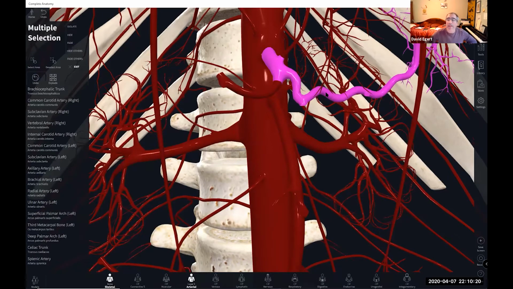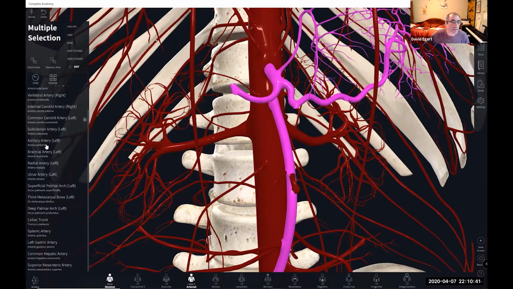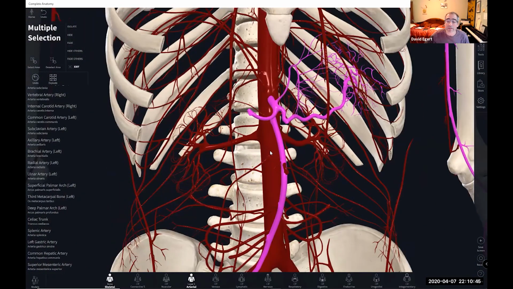There we have the splenic artery going towards the spleen. This is the left gastric going up to the stomach, the common hepatic coming off towards the liver. Below that is the superior mesenteric artery, which is going to your digestive organs.